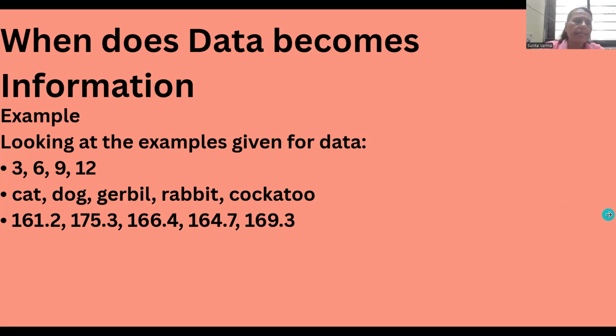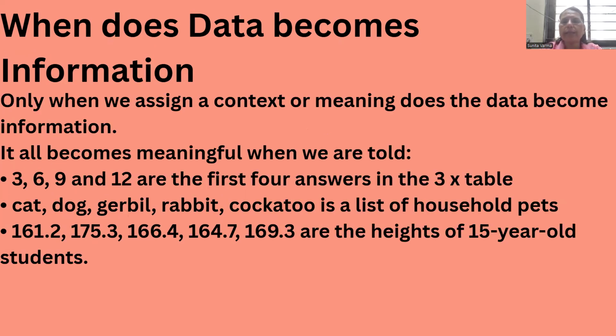But if we say that 3, 6, 9, and 12 are the first four numbers of the table of 3, then there is a context associated with these numbers, showing that they are multiples of 3 and represent the table of 3. If we say that the names of the animals are household pets, then it becomes meaningful.